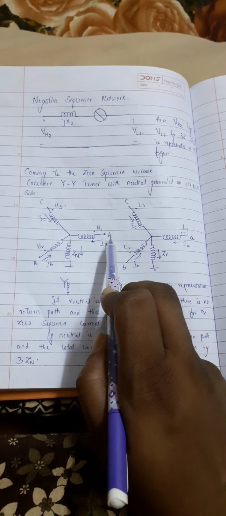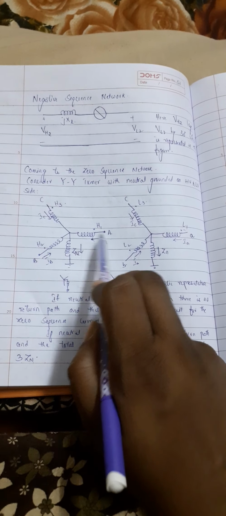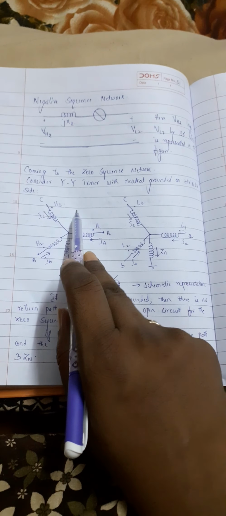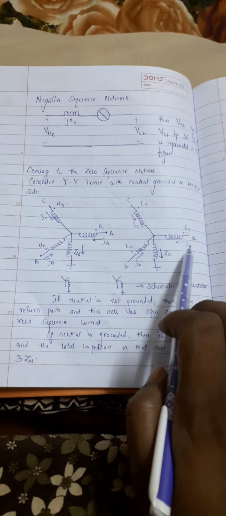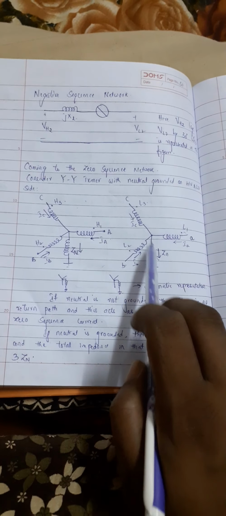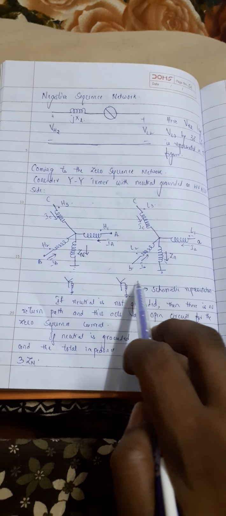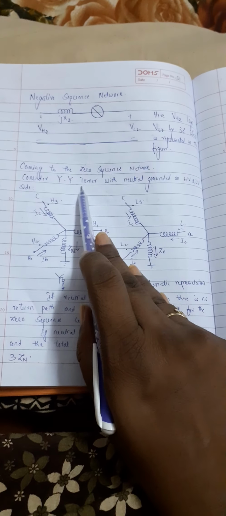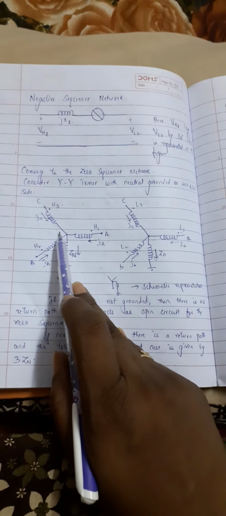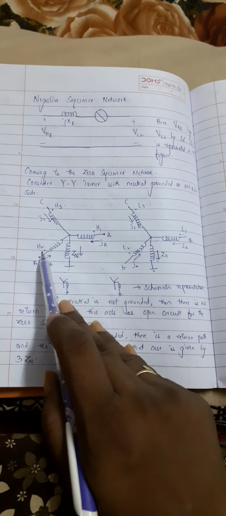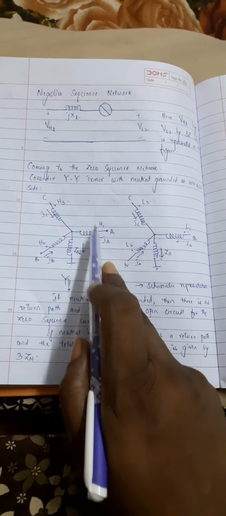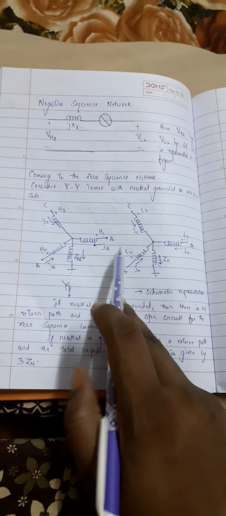These are the phases, which I am representing here as A, B, C. The capital letters represent the terms on the high voltage side and the lowercase letters represent the terms on the low voltage side. Considering the star connection on the high voltage side, H1, H2, H3 are the high voltage windings.